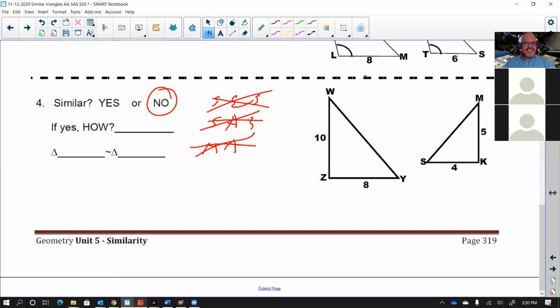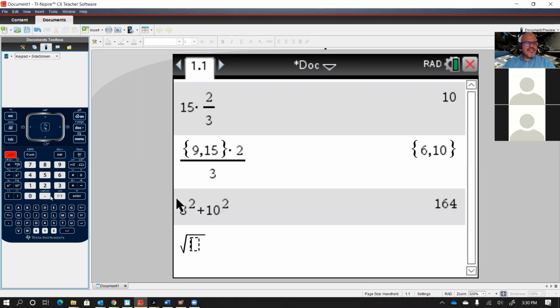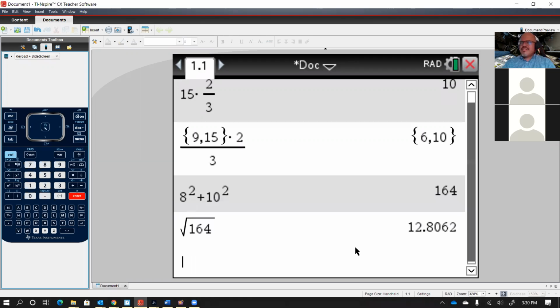And this is because of this: 10 to the second power plus 9 to the second power, and I take the square root of the answer. Oh, that's awful. 12.8 for a side?